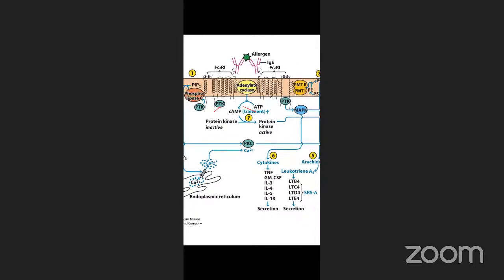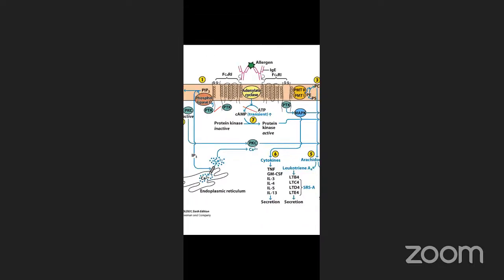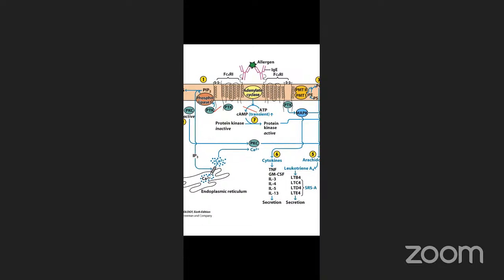Thank you. What happens in the first step? The allergen binds with the immunoglobulin E paratope, and whenever this cross-linkage is there, the inner membrane reaction starts, which is one of the cascade systems.